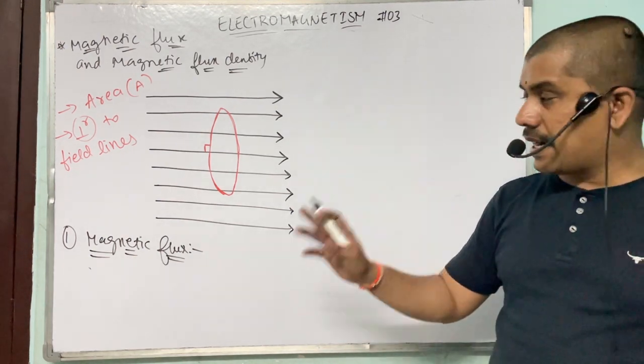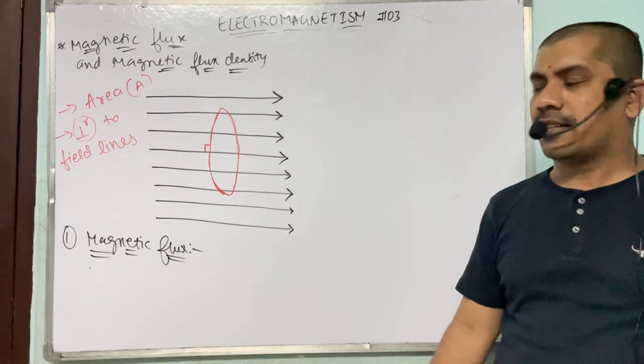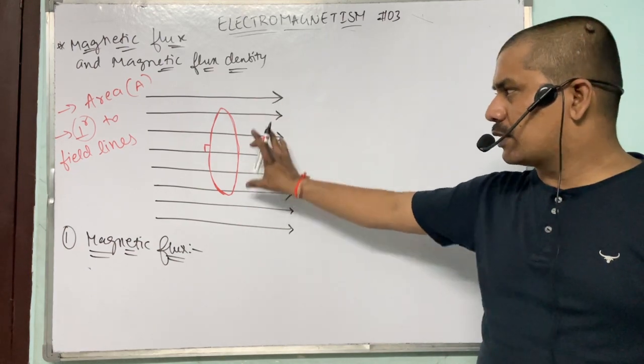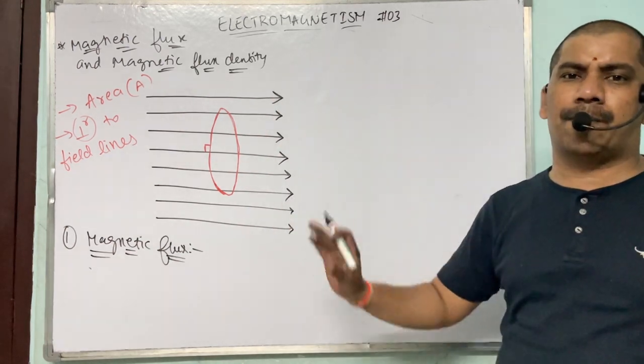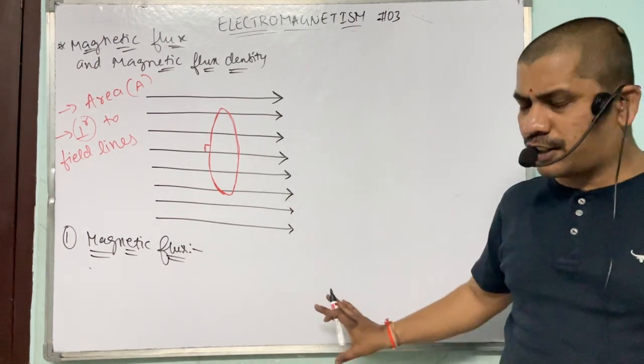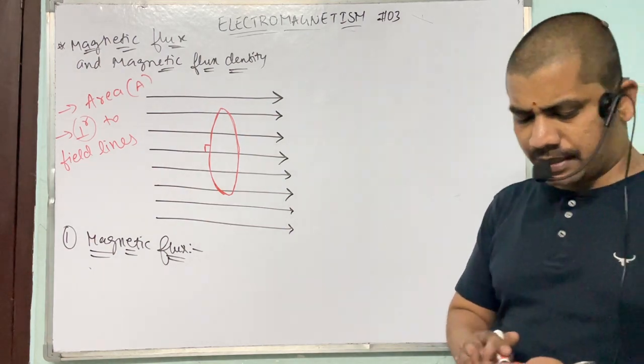right? And that plane is perpendicular. Obviously all that you should mention in the definition. In simple words, I say the number of magnetic lines passing through the plane of area A. Technical definition also I'll write, simple definition also I will write here.